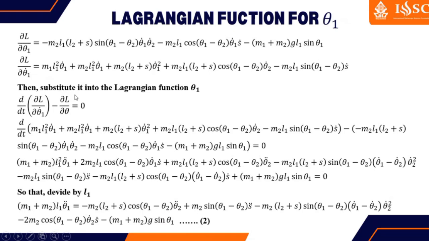Then substitute into the Lagrangian function for theta 1. Taking the time derivative of L with respect to theta 1 dot gives an equation involving theta 1 double dot. Then divide by L1 to obtain the second equation.